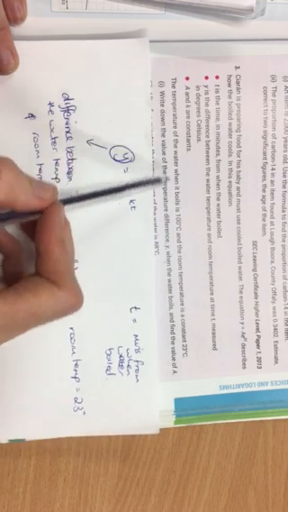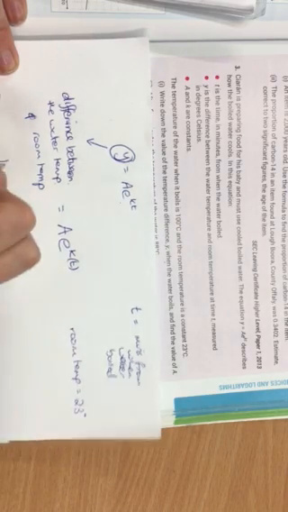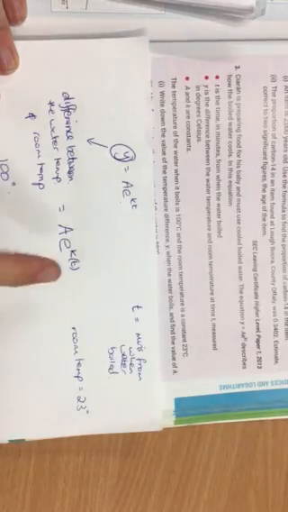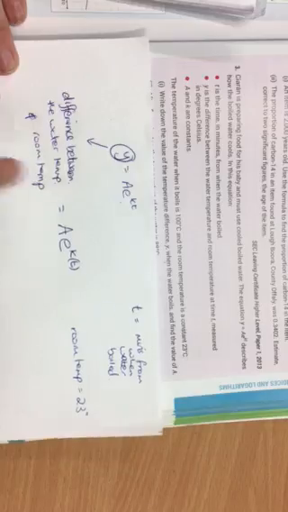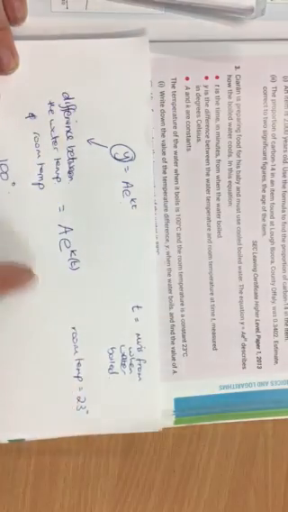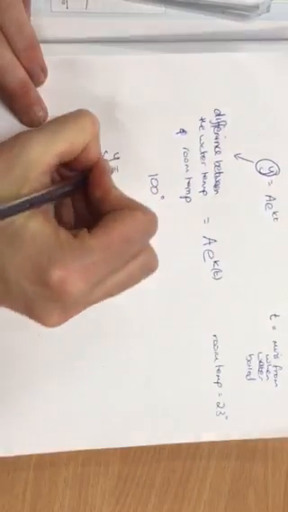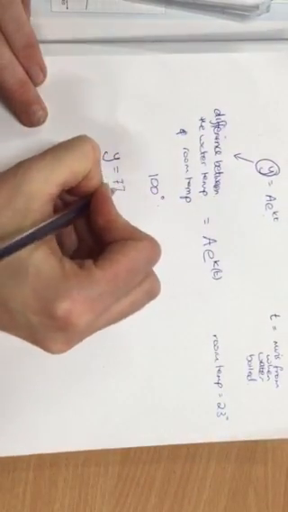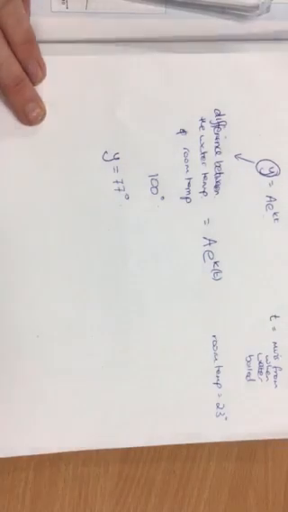Well, when the water boils, it's 100 degrees. Y is the difference between the water temperature and the room temperature. So in this situation, the 100 minus the 23, Y is 77 degrees.